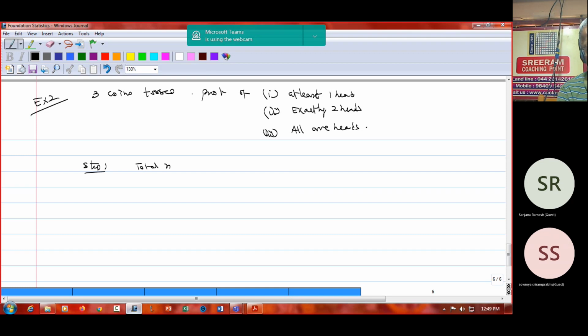Total number of possible events is equal to 8. What is the formula?